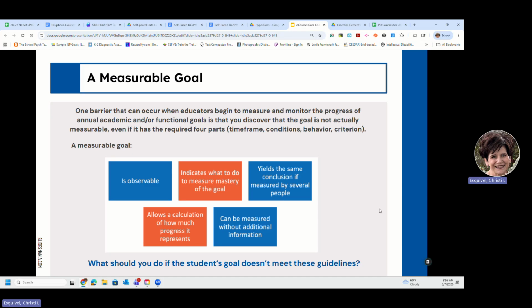This is the only way to objectively measure how much progress was made. And a measurable annual goal can be measured without any additional data. Can all goals be implemented as intended without additional information? So what should you do if the student's goals don't meet the guidelines? If the goal doesn't meet the guidelines, the IEP must be amended or revised.